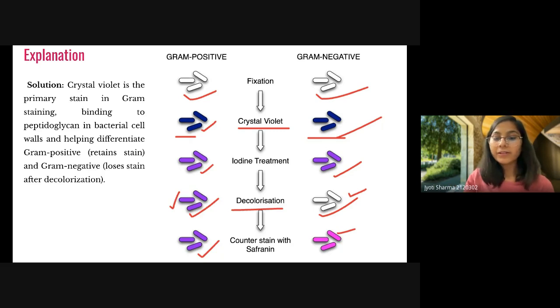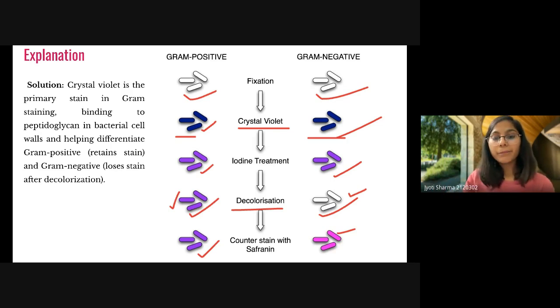Because we have a very thick peptidoglycan layer in the cell wall of the gram positive, violet will be retained. So that's why this is giving you a different color, and based on that you can identify whether your bacteria is gram positive or gram negative.